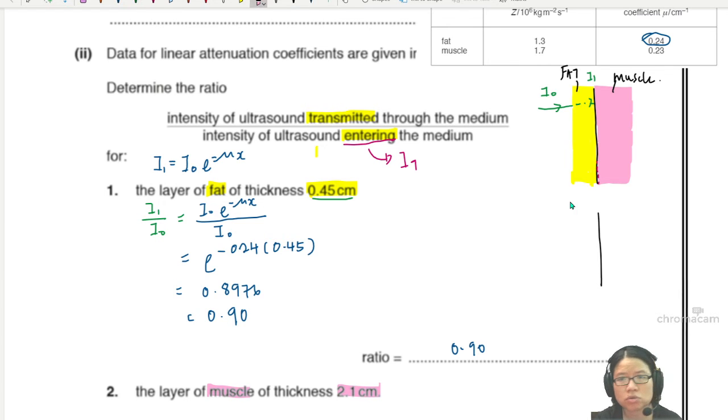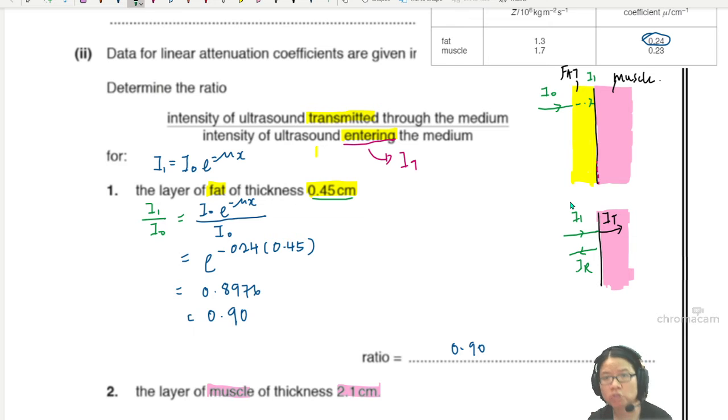All these drawings will only help you if you need them. If you can visualize it, it's not a problem. Right now, the one that is going in is IT, not I1. Part of I1 that reaches here from the fat layer will go in, but part of it will reflect. Remember, this is IR. We talked about this just now in the previous Z value. So we are looking at IT.